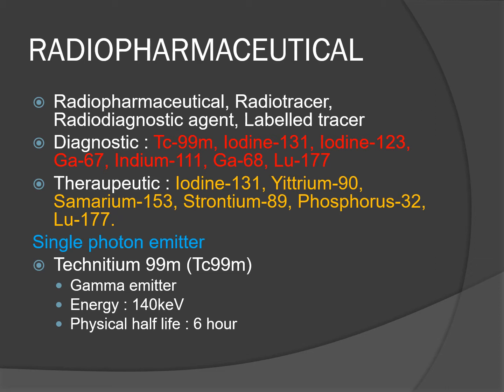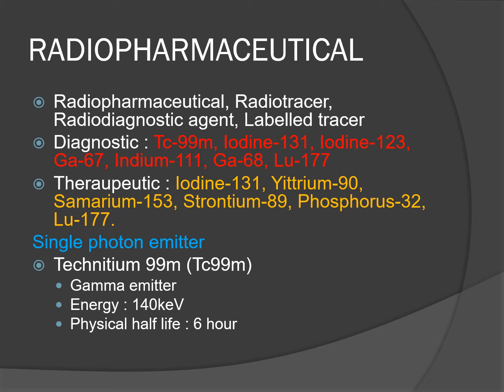And there are certain other diagnostic agents that can be used apart from technetium 99M, which are iodine 131, iodine 123, gallium 67, gallium 68, indium 111, lutetium 177, and we also have quite a number of therapeutic radiopharmaceuticals, which are iodine 131, yttrium, samarium, strontium, phosphorus, and lutetium.